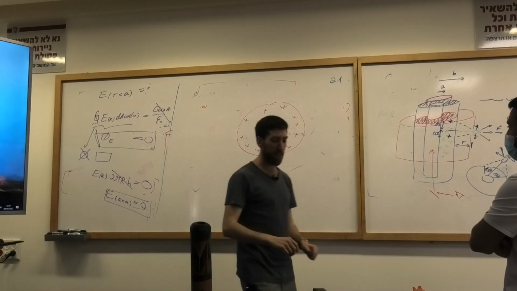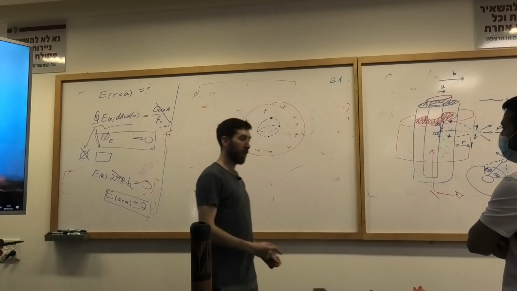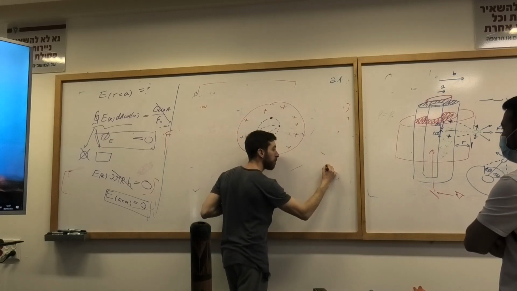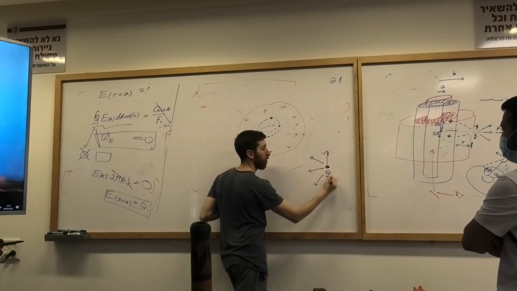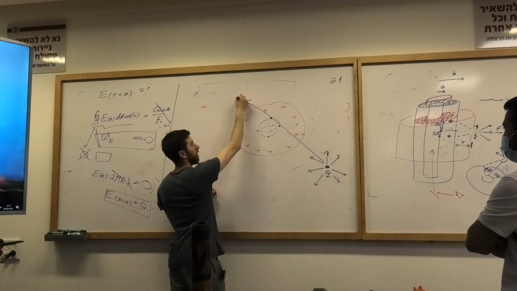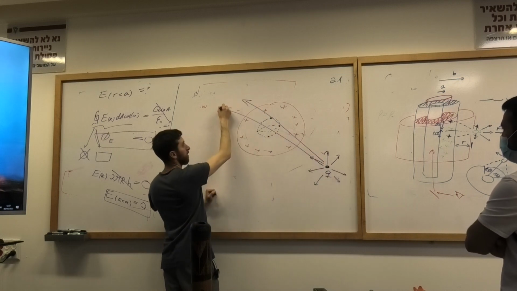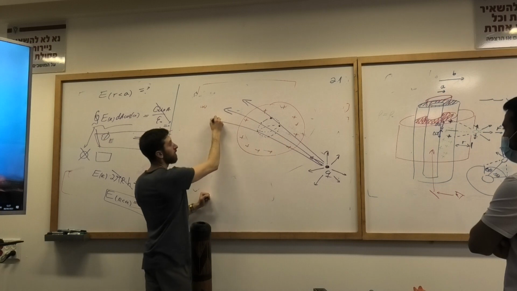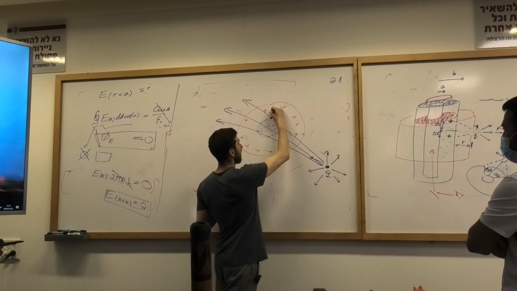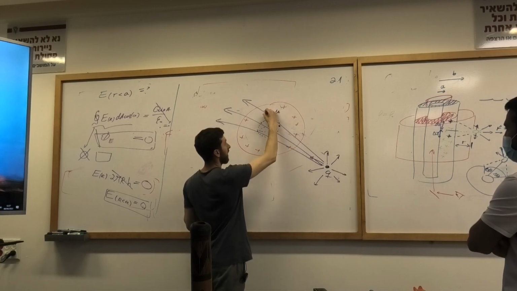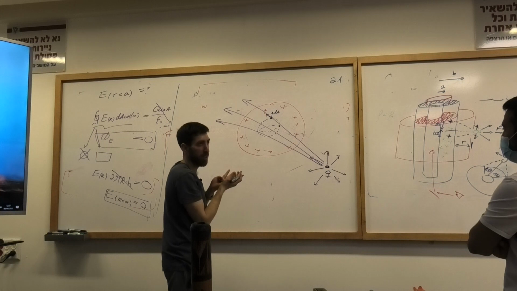But then I came and messed it up. I'm going to put here a small charge, and this charge produces an electric field in all directions, also in these directions. So right now the symmetry is lost, because this was dA and the electric field is, I don't know, something like this, right?